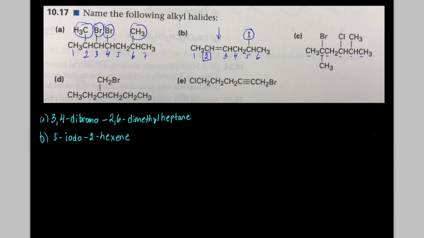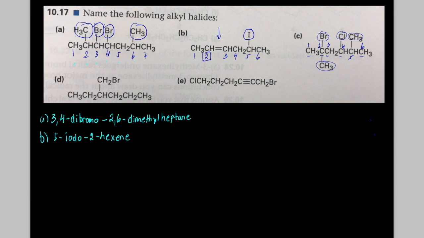We would want to number from left to right because we'll have 2 groups at carbon 2. So we have 2 groups at carbon 2, and that's a better thing than just having 1 group at carbon 2 if we numbered it from right to left. So we've got a bromo group at carbon 2, a chloro group at carbon 4, and we've got a methyl group at carbon 5 and a methyl group at carbon 2.